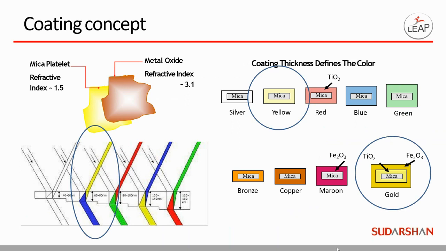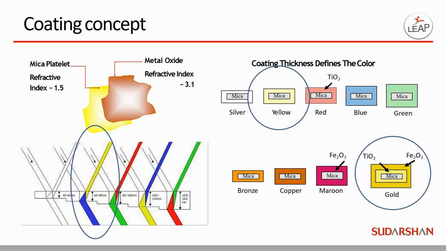So I mentioned as far as the color coming from the thickness in the TiO2 iridescent space, the yellow or gold is the second thinnest TiO2 after the silver. And then the golds are a combination of TiO2 on the surface of the mica, followed by a coating of iron oxide.